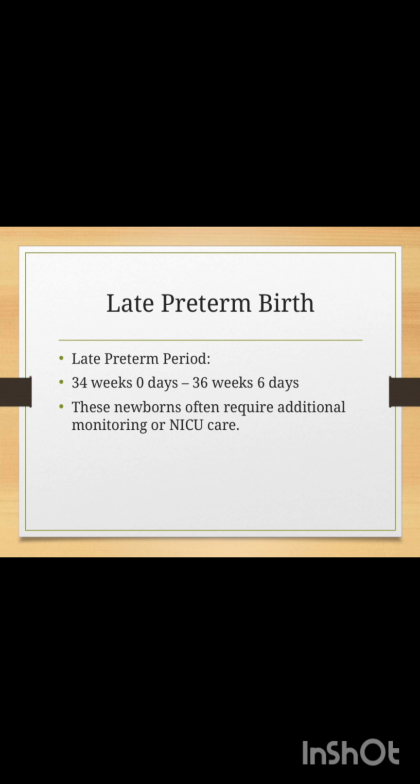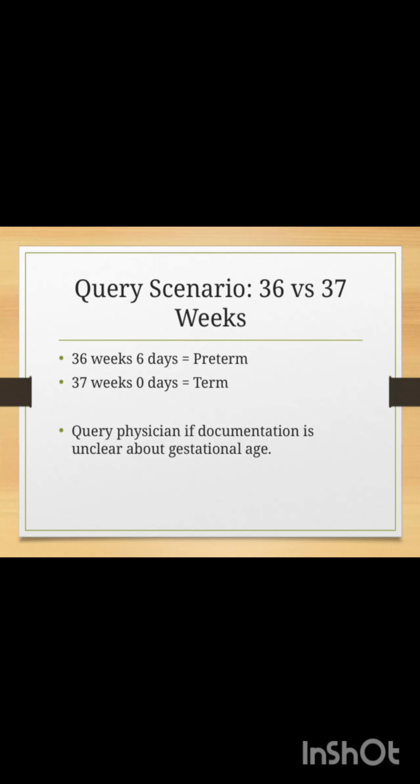This highlights the importance of understanding each stage of prematurity and its implications for both the baby and the healthcare team. So, when we look at gestational age, we see that 36 weeks and 6 days is considered preterm, while 37 weeks exactly is classified as term. This highlights just how precise the timing needs to be.